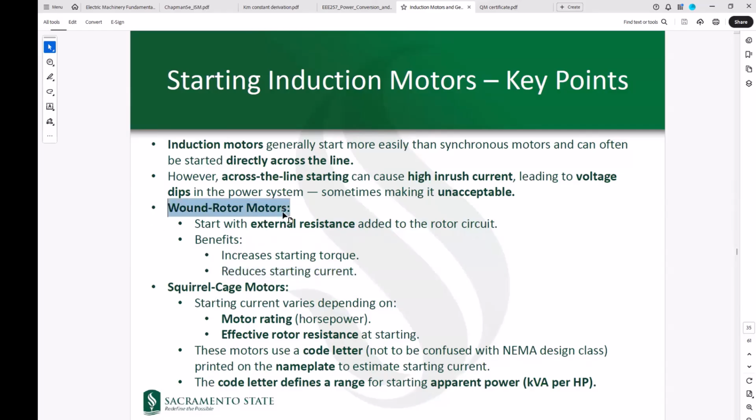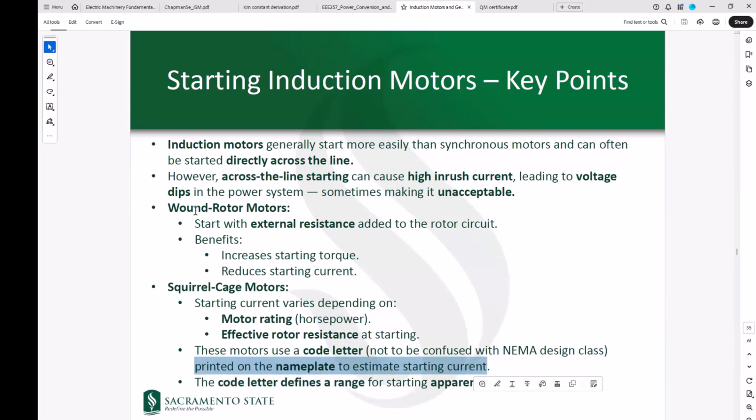If you do not have a wound rotor motor, for squirrel cage motors, the starting current varies depending on the motor rating or horsepower of the motor and the effective rotor resistance at start. Those motors use a code letter, which is not to be confused with the NEMA design class, printed on the nameplate to estimate the starting current.